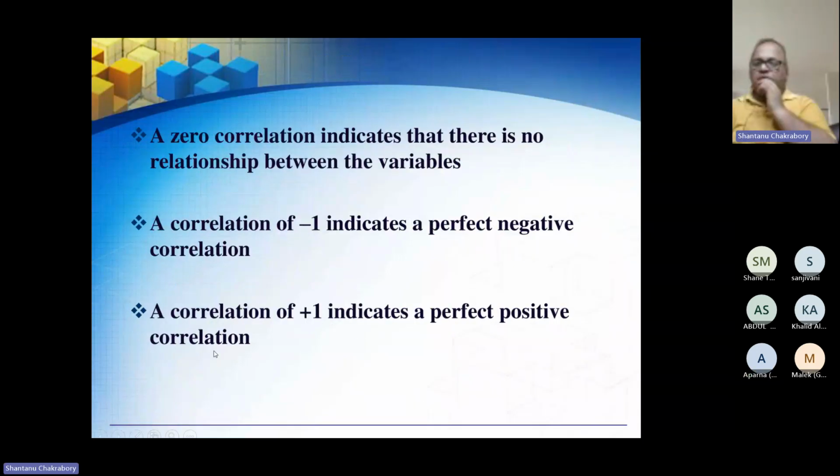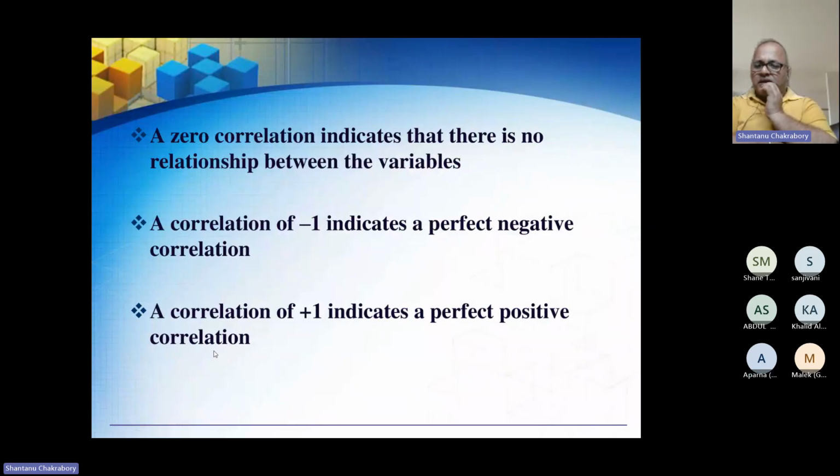Okay. Now we move into zero correlation. If your correlation coefficient r is 0, that indicates there is no relationship between the two variables, x and y. So if x and y are two variables, there lies no relationship between them.